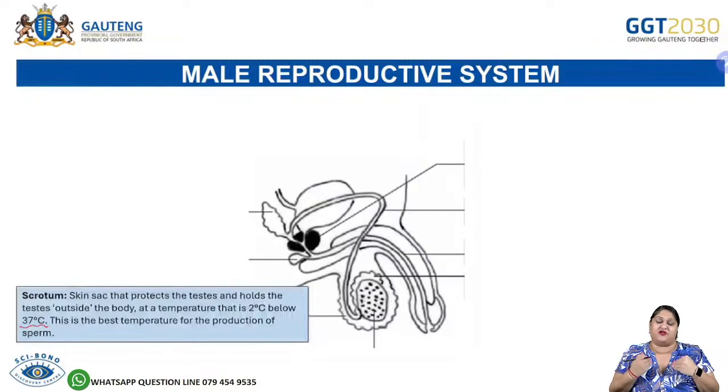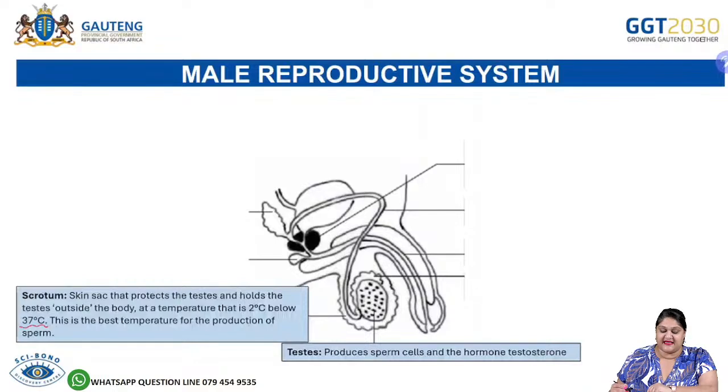So the testes are held outside so that they can be held at 2 degrees Celsius lower than that body temperature. And why does it need to be at that temperature? Because this is the best temperature for the production of sperm. Okay, so everything in our bodies works under specific conditions, and sperm is one of those things that work the best at that temperature.